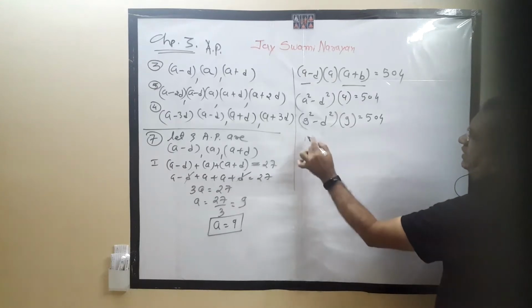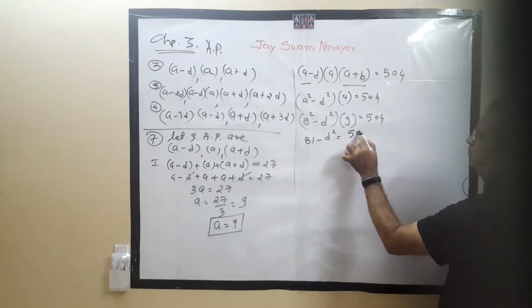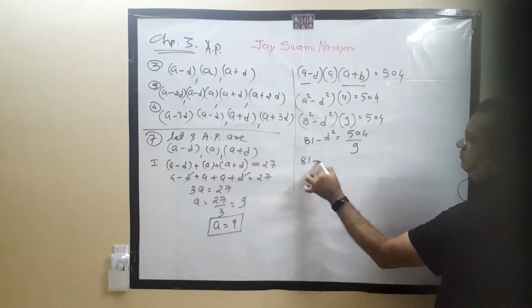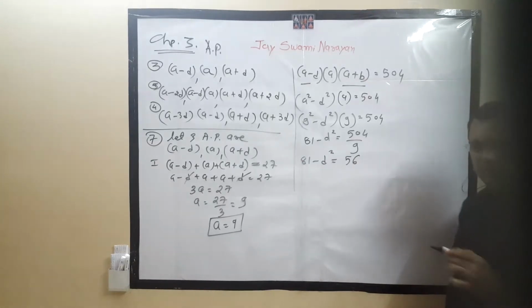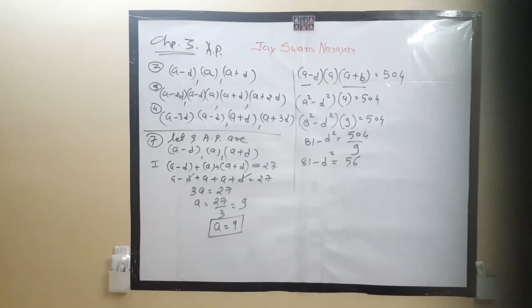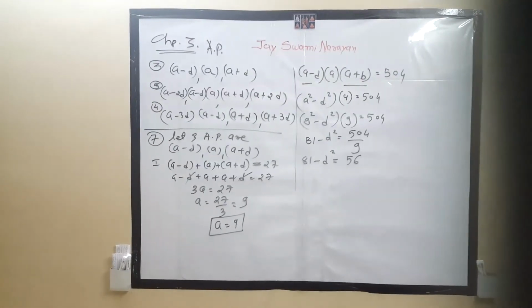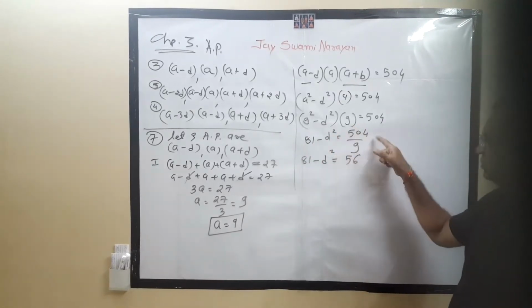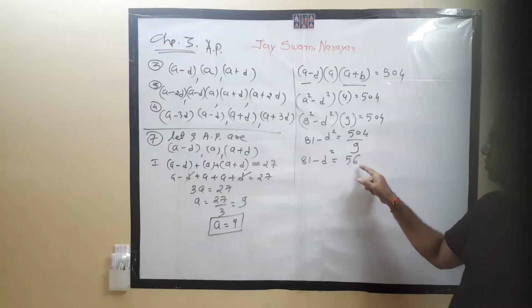Now 9 9s are 81 minus D squared is equal to 504 by 9. 9 goes down: 9 5s are 45, 5 remain, 9 6s are 54, so it is 56.